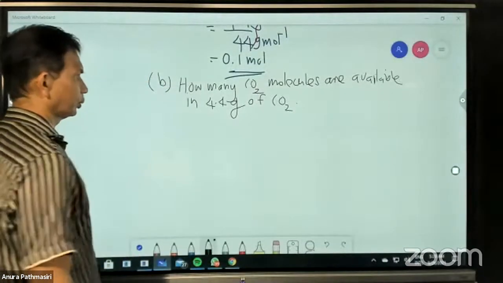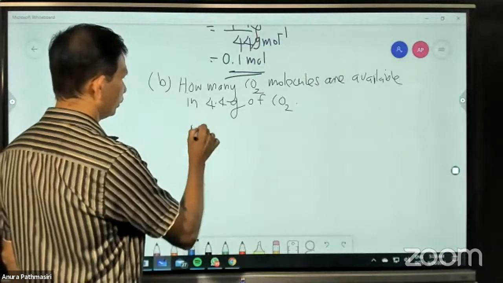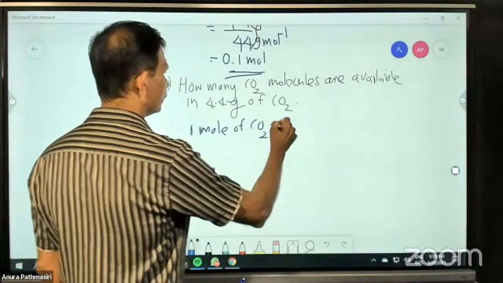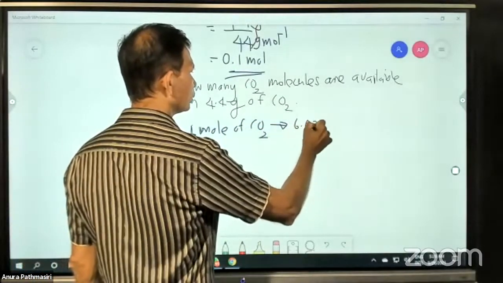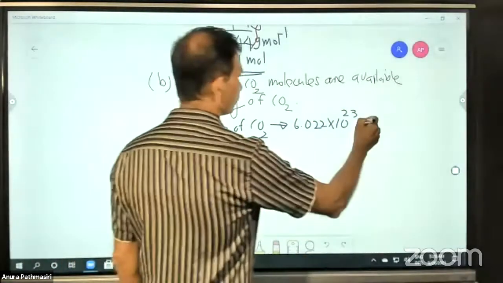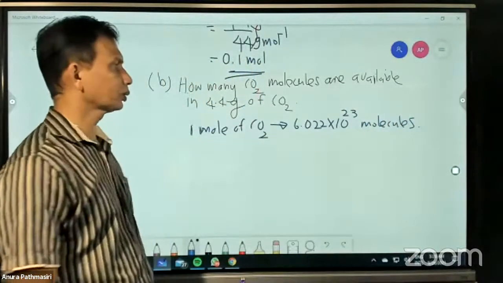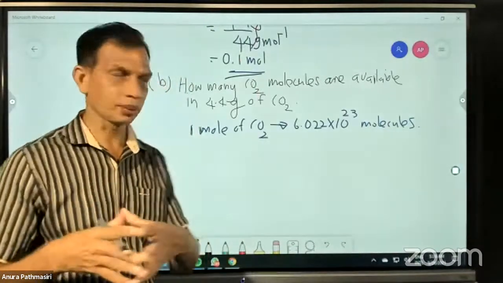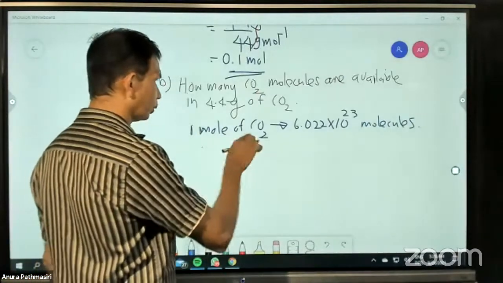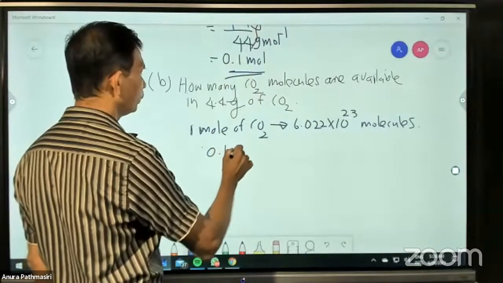According to Avogadro, one mole of CO2 contains 6.022 times 10 to the power 23 molecules. And he said 1 mole, right?